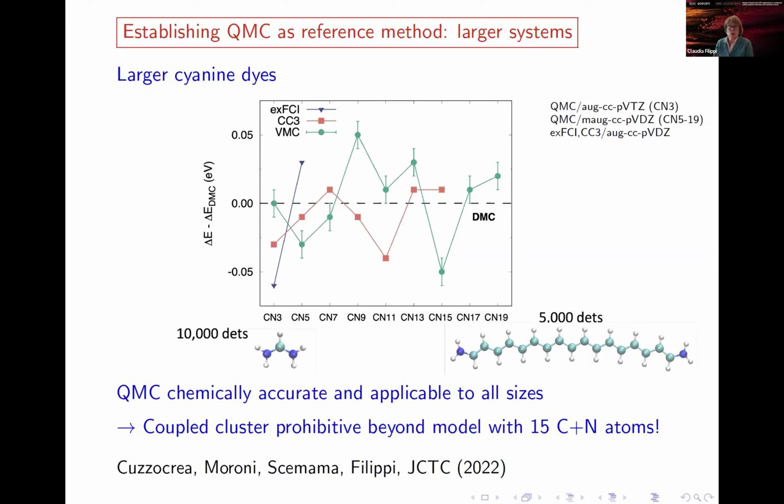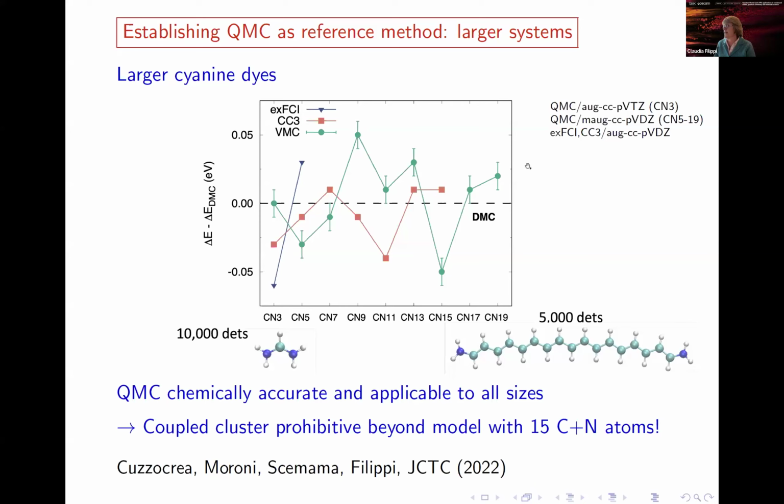In particular, we would like to go to larger systems. So here what I'm showing is how we perform as we increase the size of the cyclazines, from the smallest model to something with, I think, 19 heavy atoms, okay? We're always generating a CIPSI wave function, and DMC is taken as the zero. Coupled cluster up to triples approximate is the red.